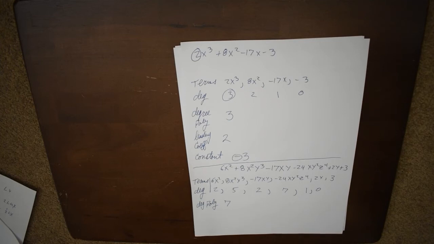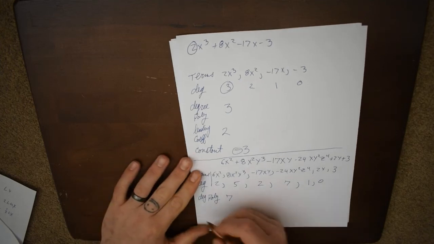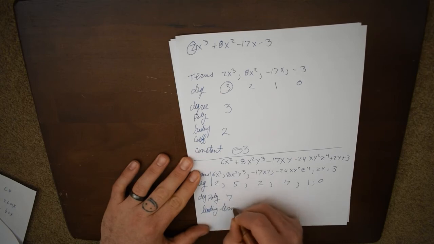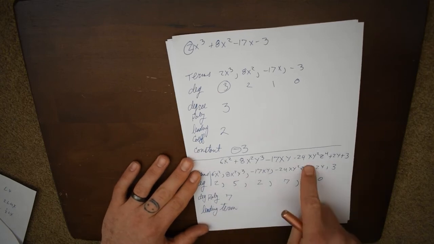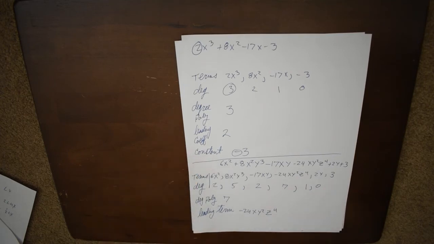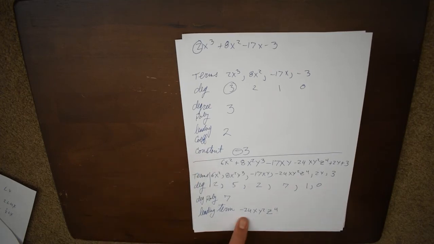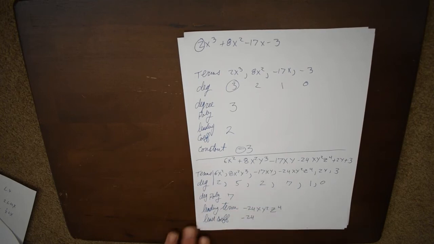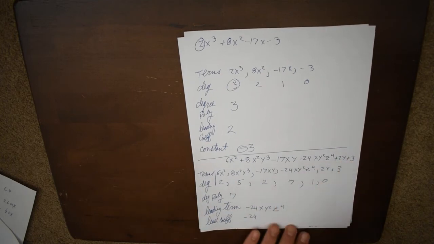So that means our leading term is going to be the negative 24xy squared z to the 4th, and our leading coefficient is going to be negative 24. And finally, our constant term is 3.